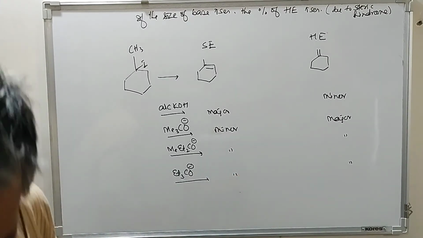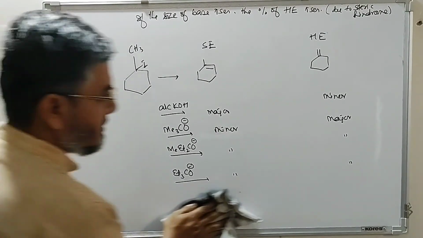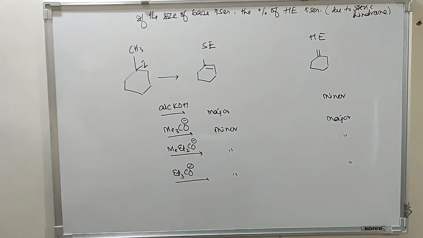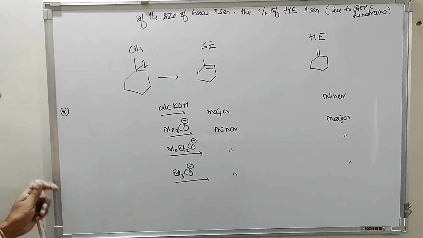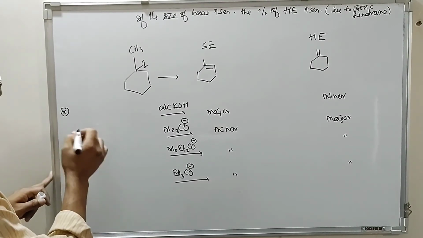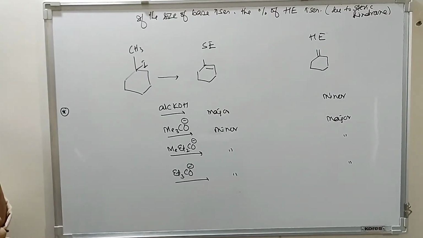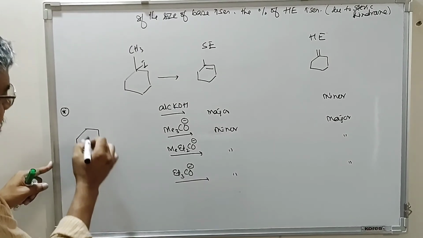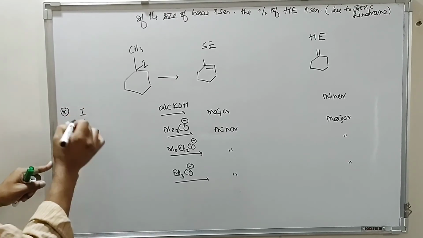So this is the elimination bimolecular E2 reaction. We have considered various factors which govern this E2 reaction, and one more thing we have to keep in mind, which is very important from the stereochemical aspect. As we have told you, tertiary iodide is the most reactive for this elimination reaction. Now look at this, we have this tertiary iodide, this is the tertiary carbon.